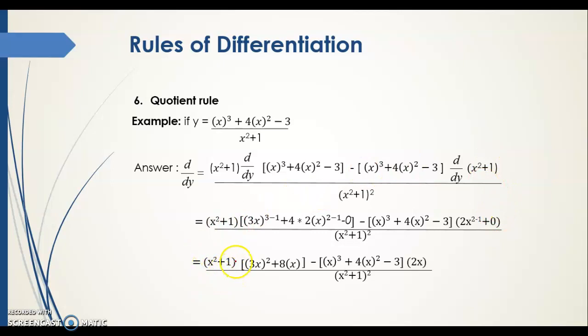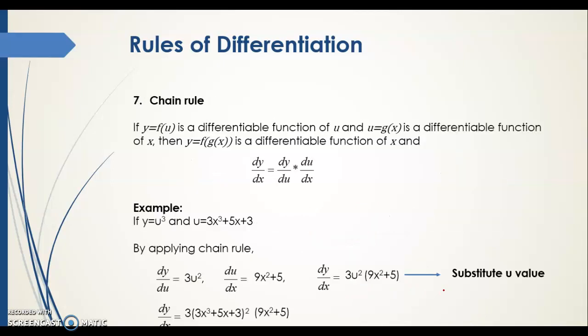So this is as it is. This will become 3x square plus 8x, then minus this function, that is x cube plus 4x square minus 3, into 2x, divided by (x square plus 1) whole square. So this is the way you have to solve the quotient rule.